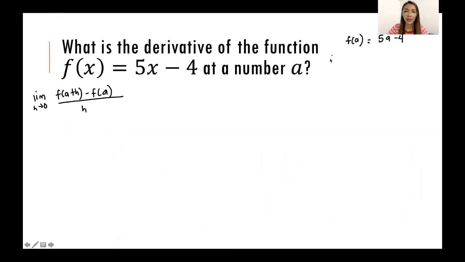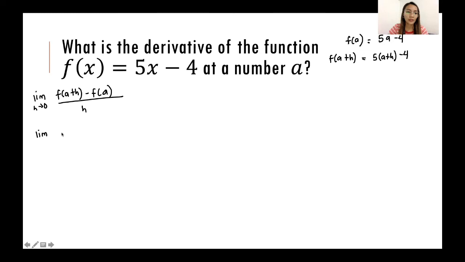And how about f of a plus h? Gaya ng sabi ko kanina, yung x variable, papalitan mo siya ng a plus h. Therefore we have 5 times a plus h minus 4. Okay, so let us apply now.